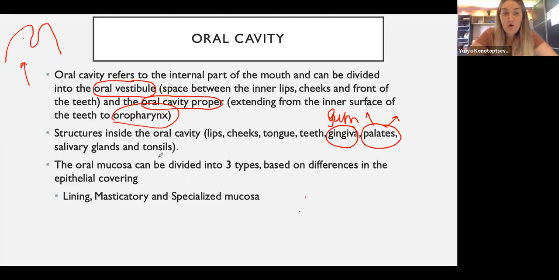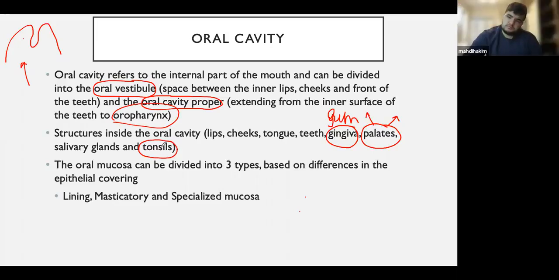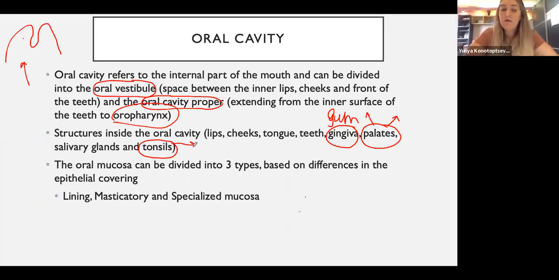The rest of it: anybody know what is the function of the tonsils? At least, to which system do they belong? Immune system, they are like an immune filter. Very good. So tonsils, we're going to talk about them in this self-control test as well. They are little aggregations of immune tissue. They consist of a bunch of immune cells.